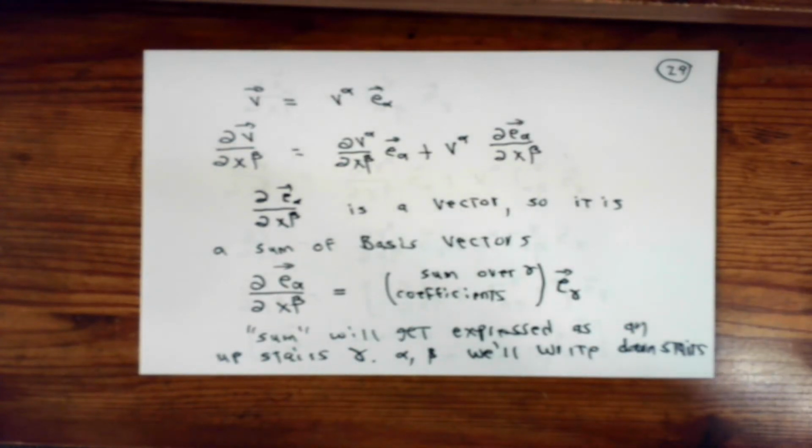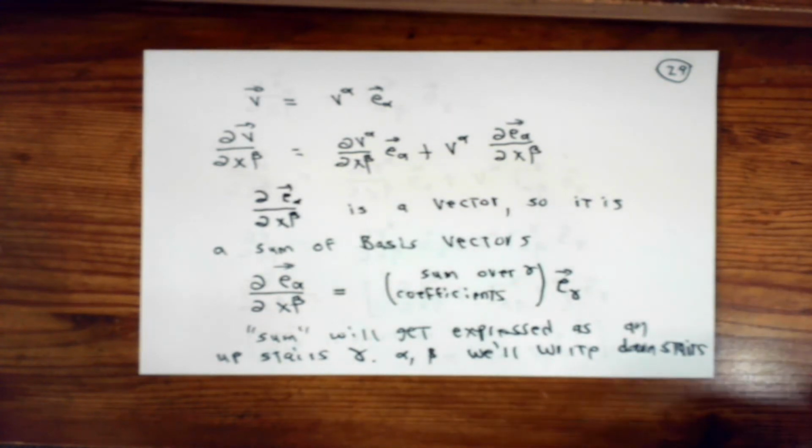So let's think of a vector. In any frame, any coordinate system, I can write it as the sum over alpha of v alpha e alpha. Although if we really wanted to be picky about it, we should put in the location where we're evaluating it.